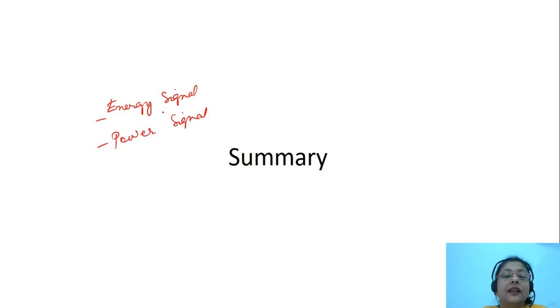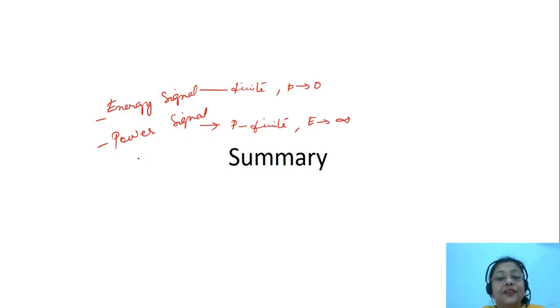We have seen that for an energy signal, the signal energy should be finite and power should be zero. And for a power signal, the power should be finite and energy should be infinite. An example of a signal which is neither a power signal nor an energy signal is a ramp signal. We have seen that.